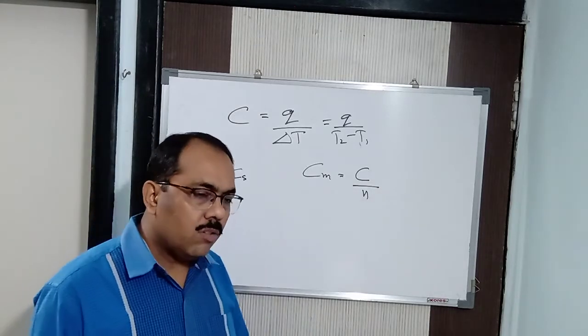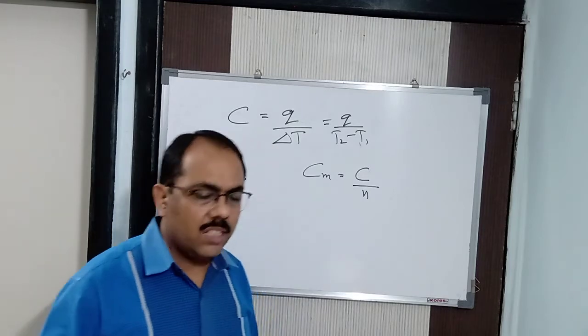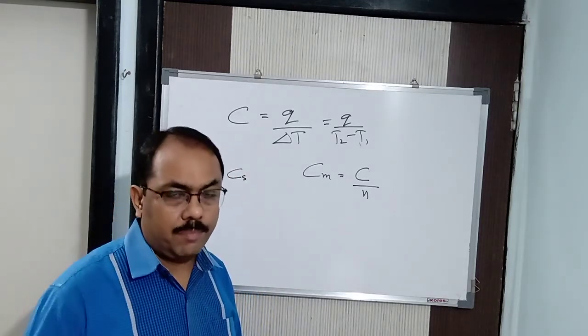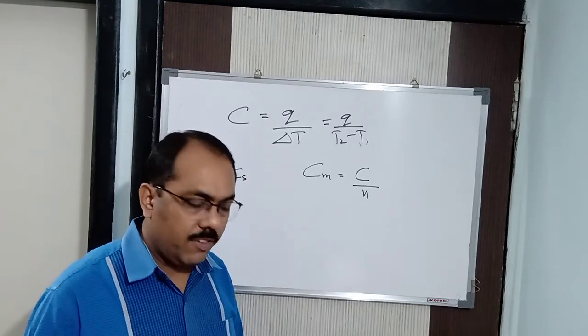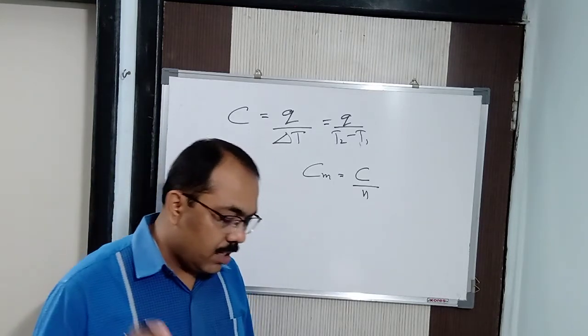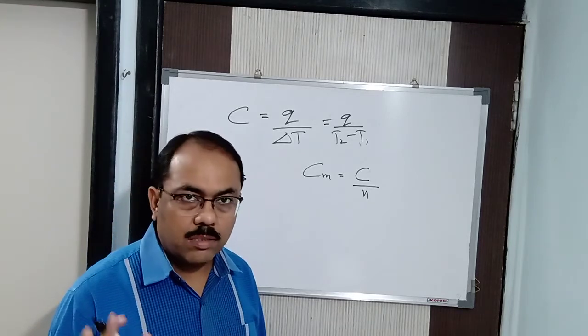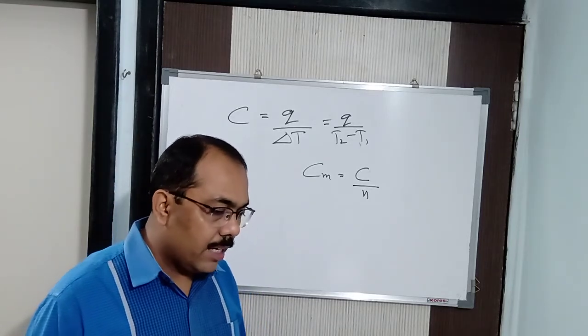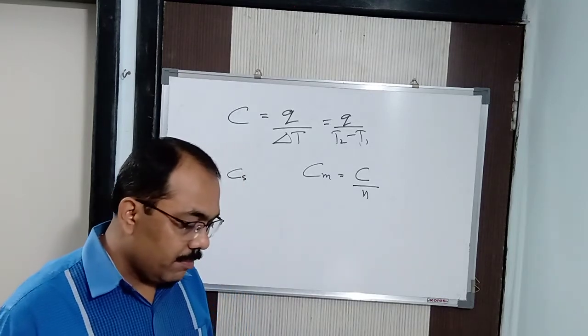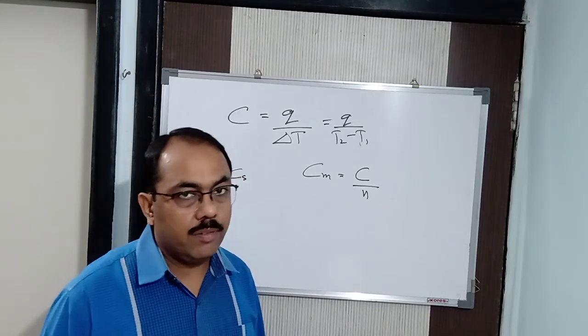Now, to differentiate heat capacity, molar heat capacity and specific heat capacity, let me explain with the help of an example. Let us say I am taking a piece of aluminium weighing 3 gram, and it requires 5.4 joules of heat to raise the temperature from 298 to 300 Kelvin.